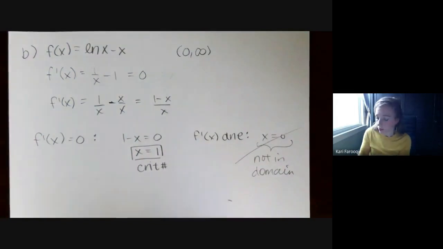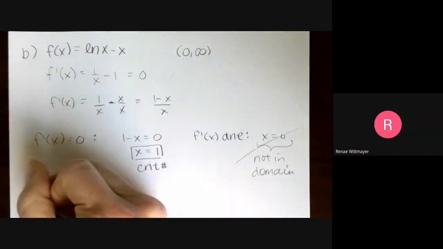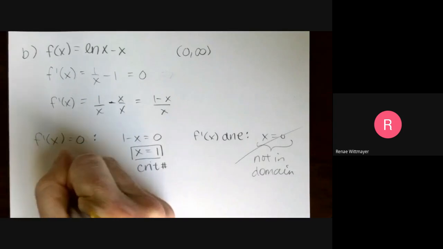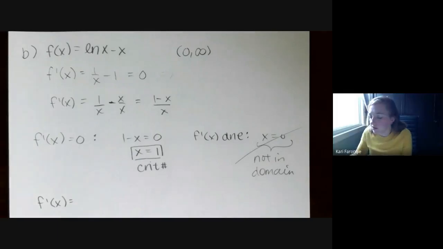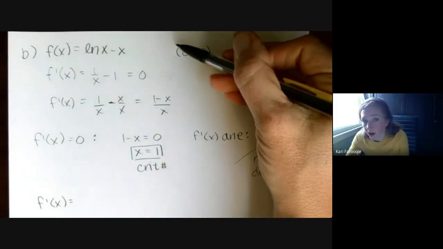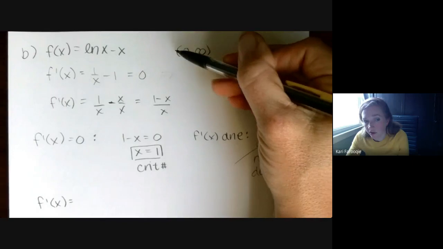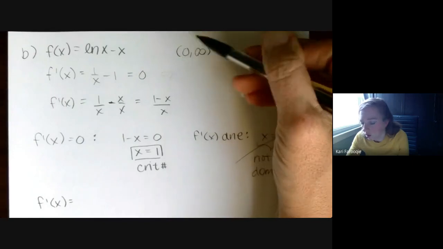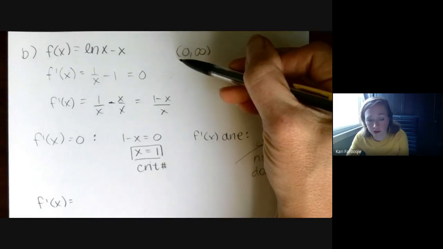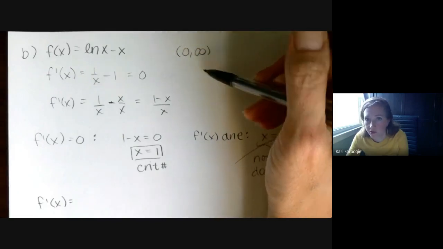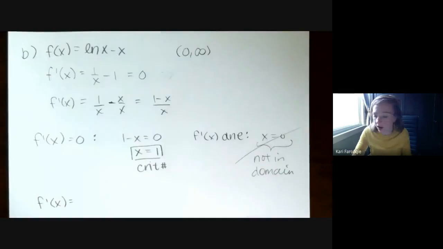Go ahead, Renee. What's your question? Can you explain again why x equals 0 is not in the domain when it's in the coordinate? Oh, so it's not. If it was a bracket, that would indicate that the smallest value we could use would be 0. But since it's a parenthesis, that means any value that's greater than 0, even like 0.0000001, is okay.